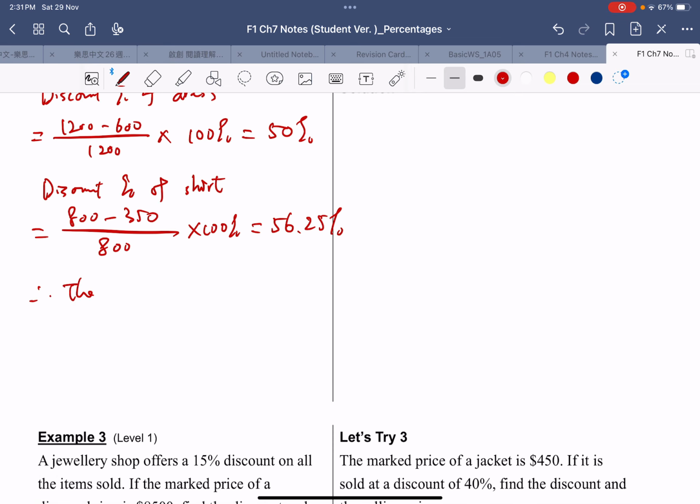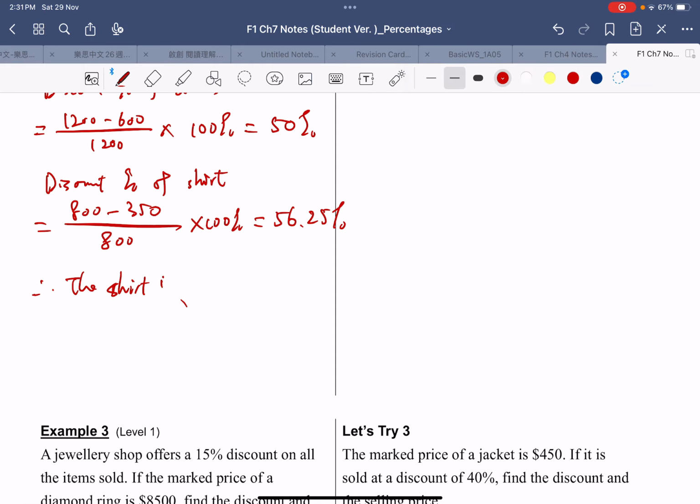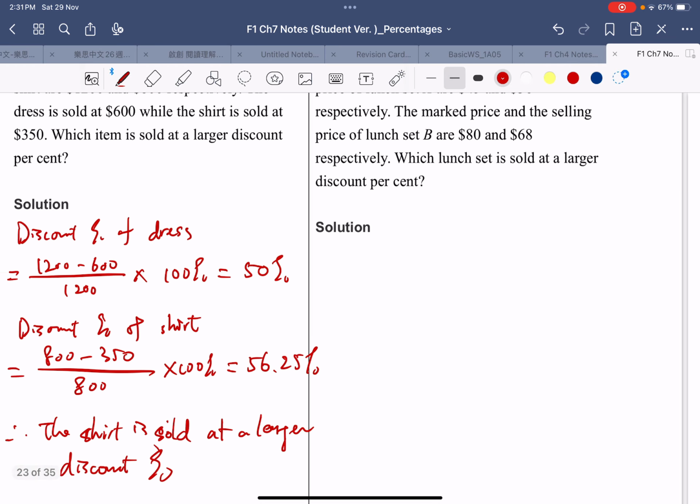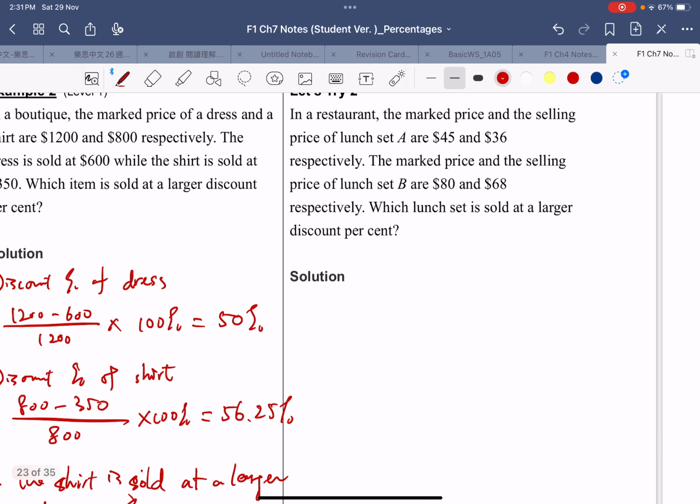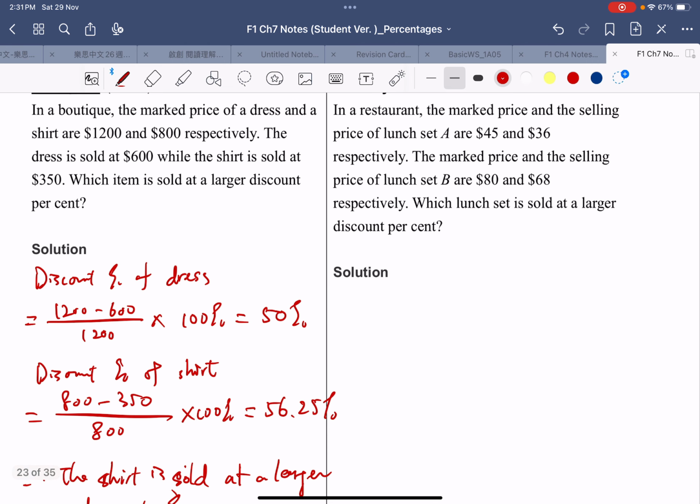Therefore the shirt is sold at a larger discount percent than the dress. Next, your turn.